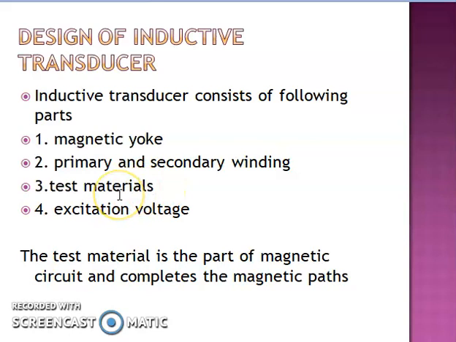And the fourth one is the excitation voltage that we provide across the primary winding. The test material is part of the magnetic circuit and completes the magnetic path, so that there is current flow in the circuit and the test material completes the circuit continuity.